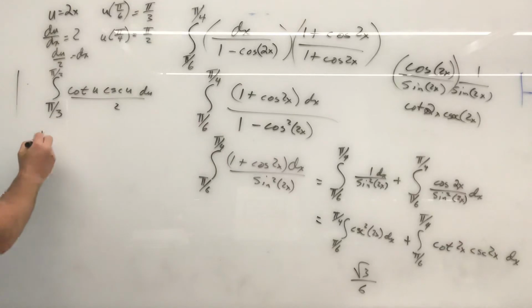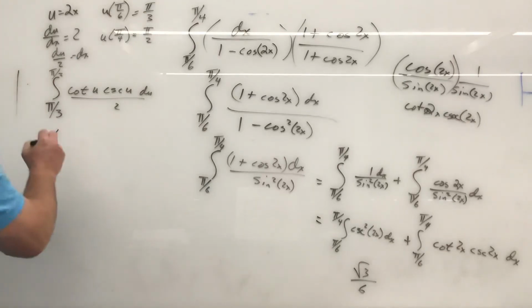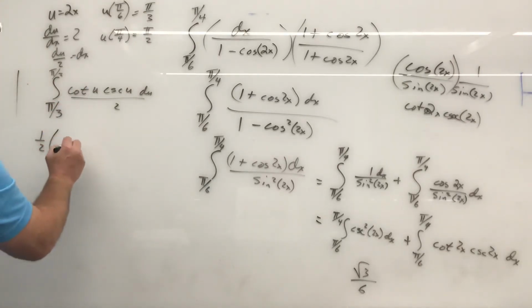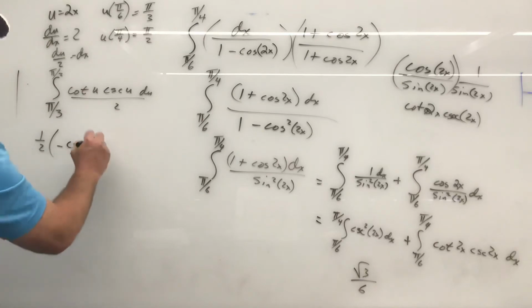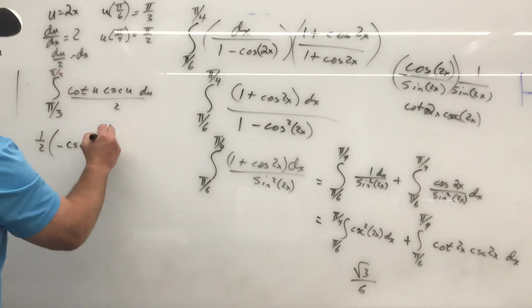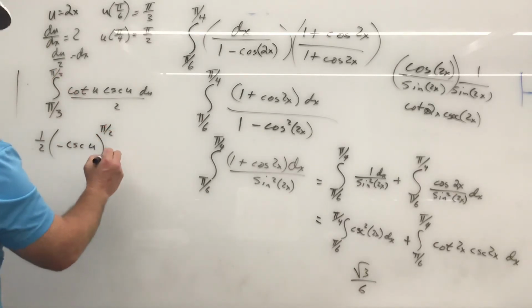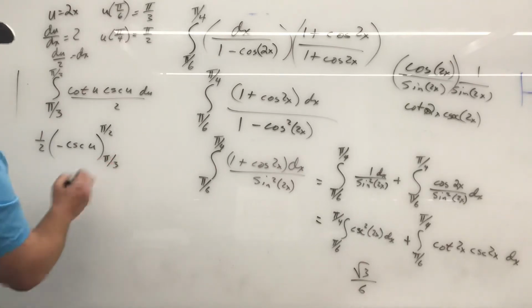Pull the 1/2 outside and say cotangent u, cosecant u, you get negative cotangent cosecant u when you take the derivative of cosecant. And so I'm going to say this 1/2 and then the negative cosecant u, evaluated pi over 2 and pi over 3.